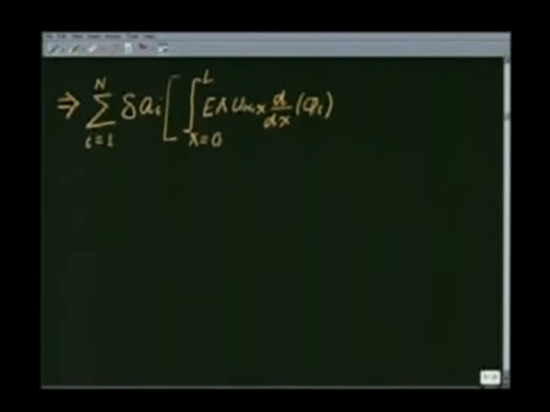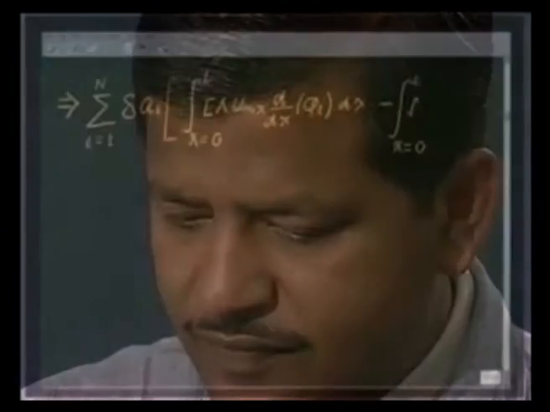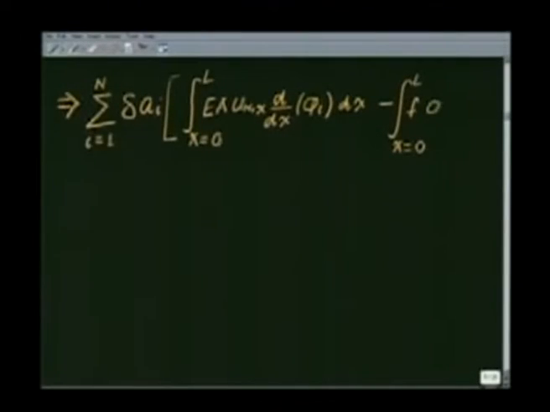One should understand that in our example, x to the power of i is our phi_i, dx, minus integral x equal to 0 to L f phi_i dx, minus p into phi_i evaluated at the point L. This whole expression is equal to 0.